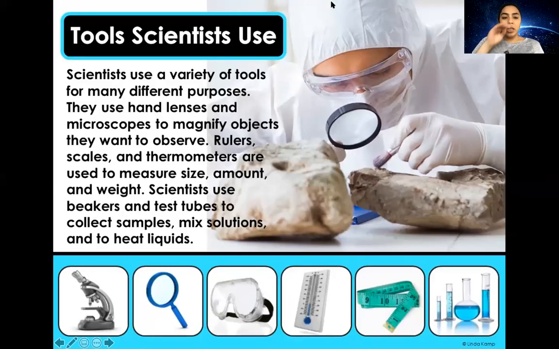Okay, so some of the tools that scientists use are very specific to what they're doing. Remember last time we talked about the different types of scientists there are and how each scientist is focused on doing something different, right? So if a scientist likes to study the earth, then it's going to focus on things on the earth.